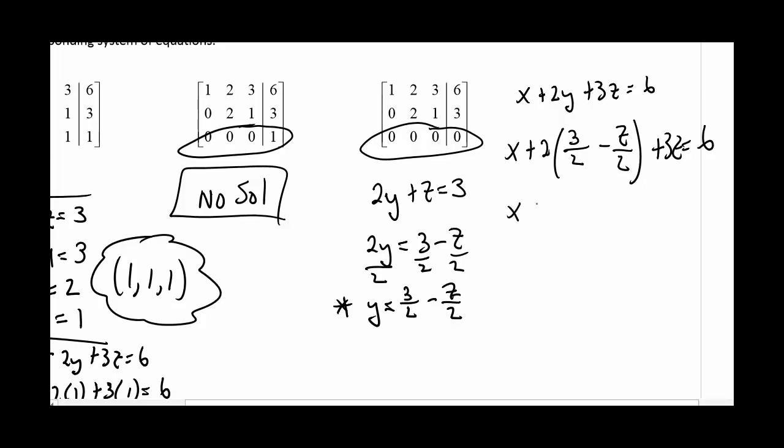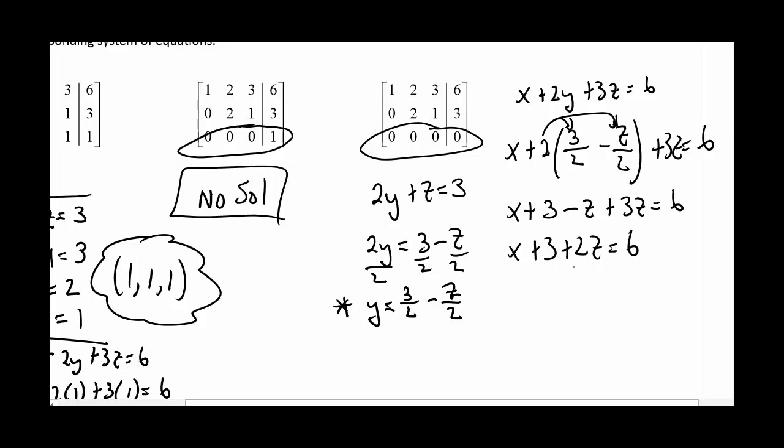Now the nice part is I had a fraction for a second. I'm now just going to get rid of the fractions. So if I distribute the 2 in, the fact that I'm dividing by 2 in both cases is going to essentially cancel out the 2. So I end up with 3 minus z and then plus the 3z equals 6. So I can combine the z's to get 2z there.